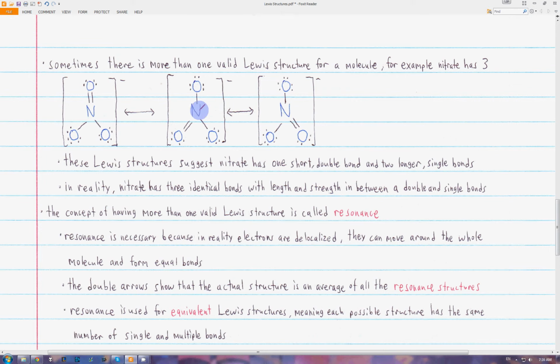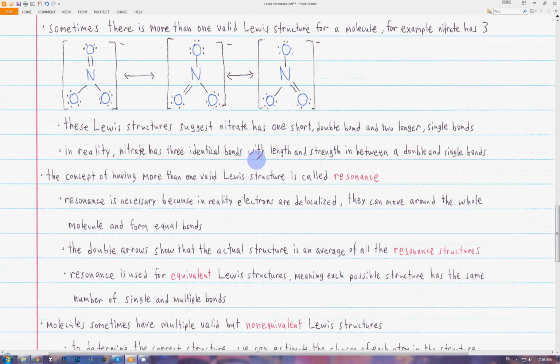So, for example, in nitrate, the electrons in these bonding pairs are not confined to this area. They can move around and rearrange themselves to make three equal length bonds. And so we use these double arrows to show that these resonance structures combine and their average is the actual structure of the molecule.